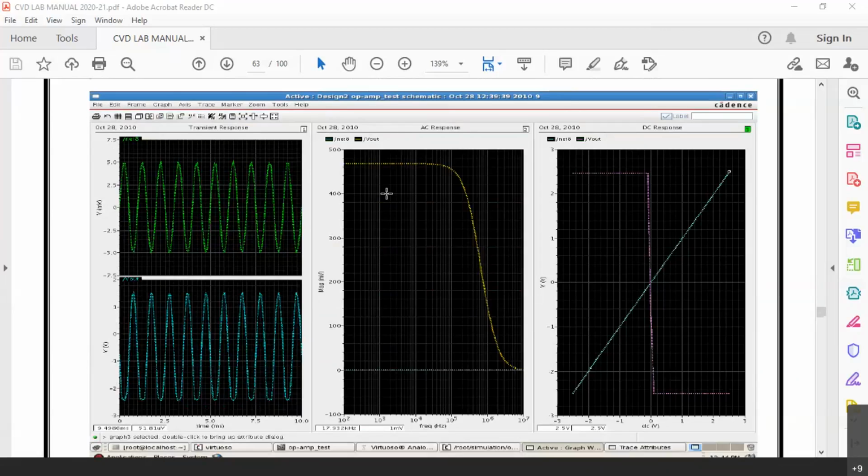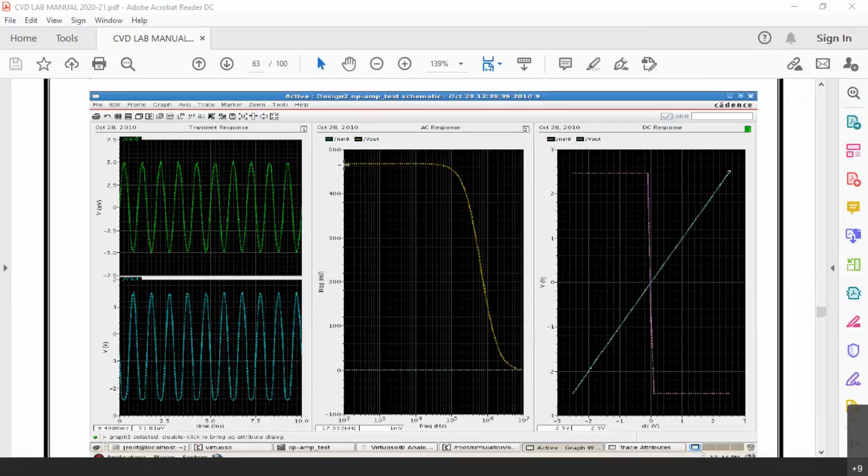In that case, the ideal equations of the inverting amplifier are not applicable. Even though we have connected 500K and 1K as two resistors, we are getting a gain slightly lesser. That is why I told you, in your mini project, you can take up a design of a 3-stage op-amp where you can achieve a much larger open loop gain. You can also measure the open loop gain of the amplifier without connecting the resistors, just like we did in the differential amplifier.